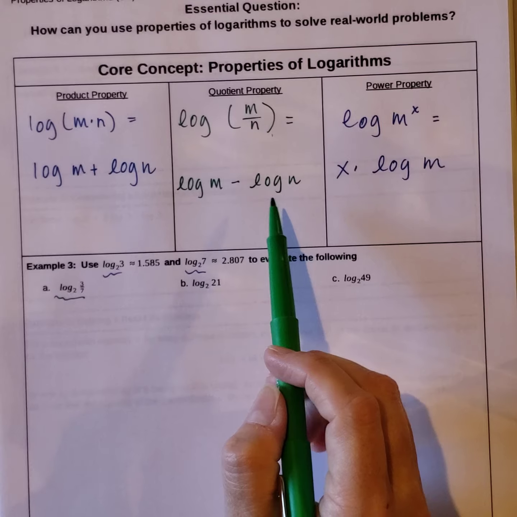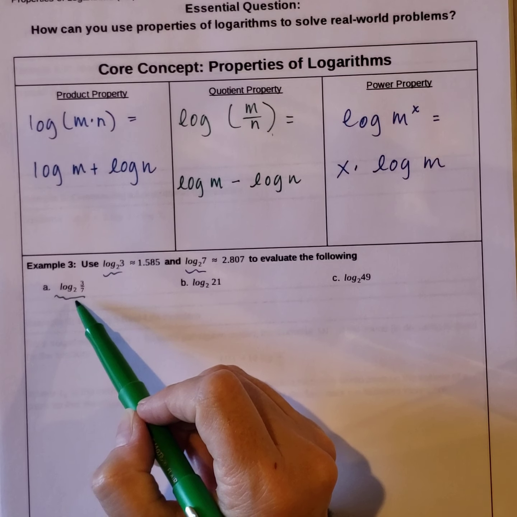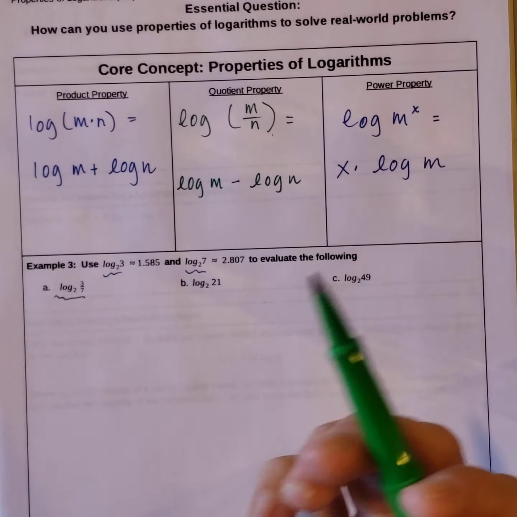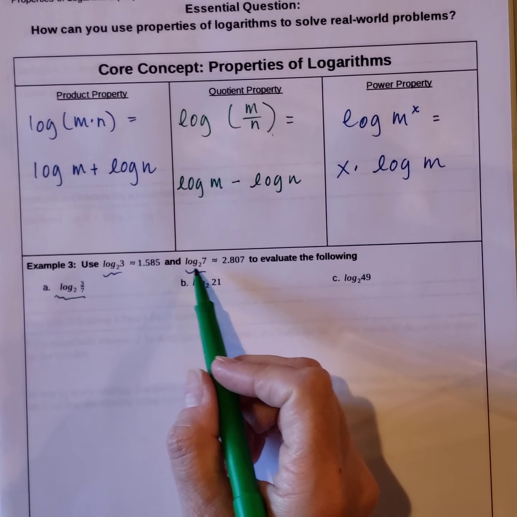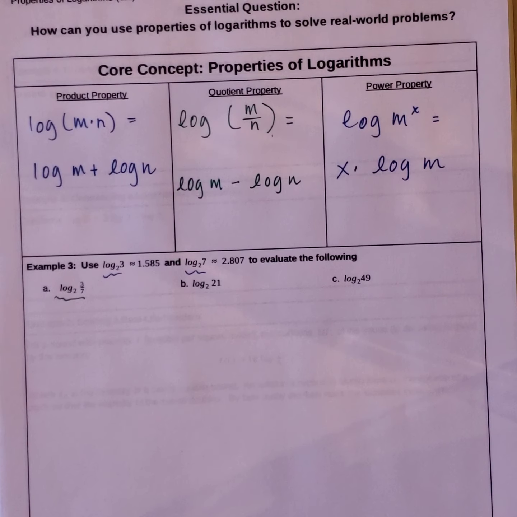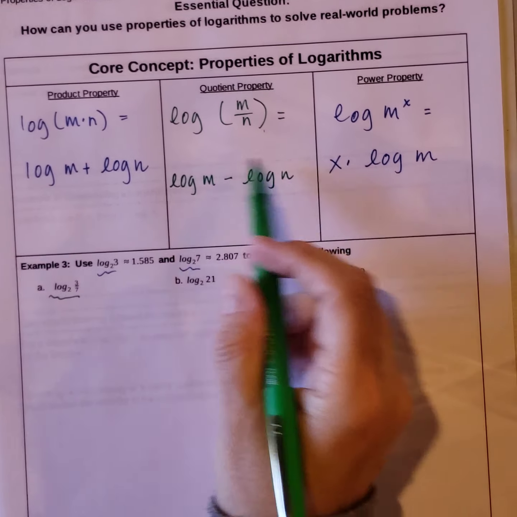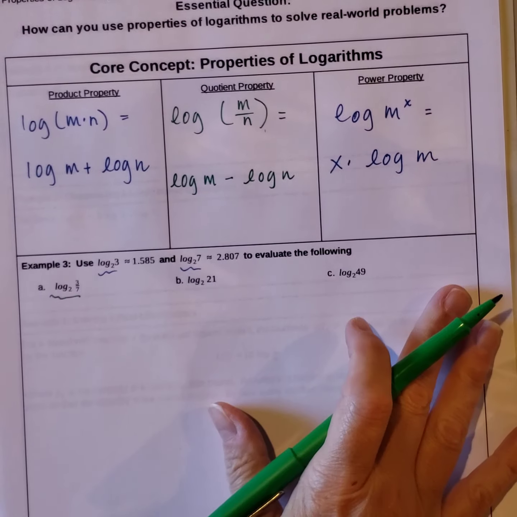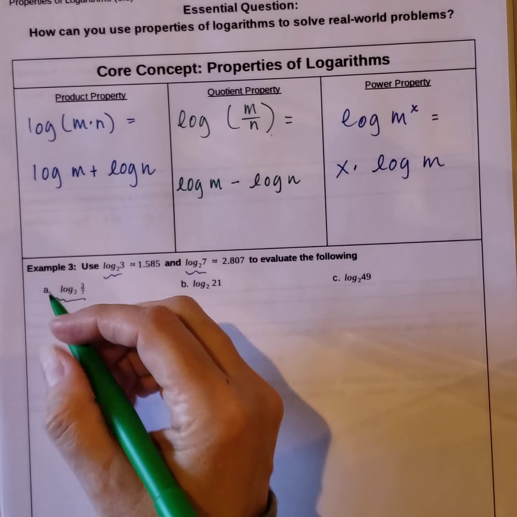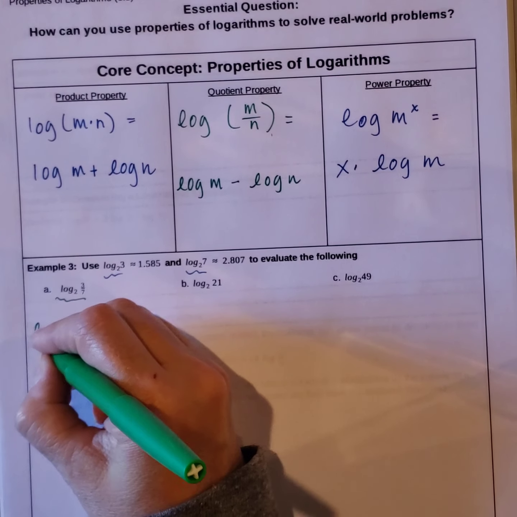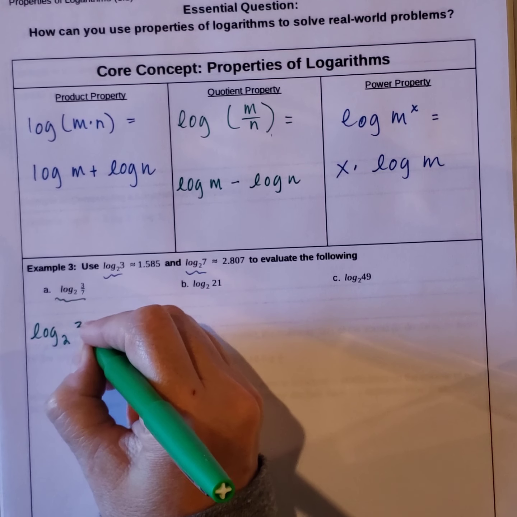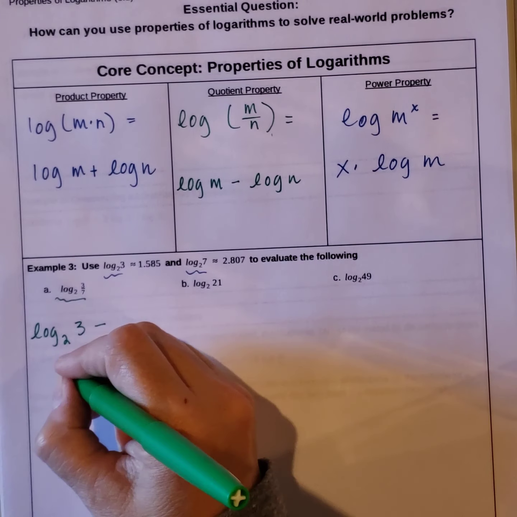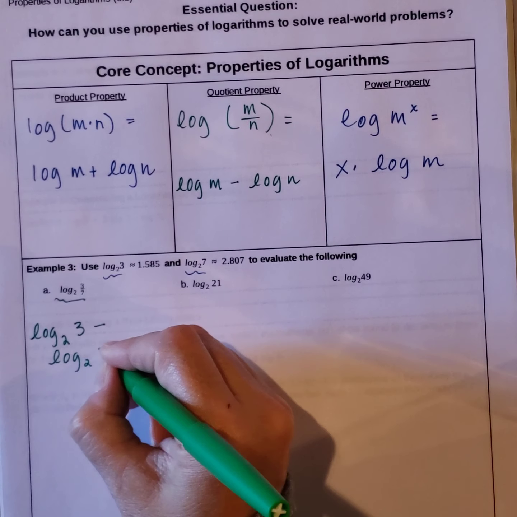We know the log base 2 of 3 equals this, and the log base 2 of 7 equals that. We already have the values, so log base 2 of 3 minus log base 2 of 7.